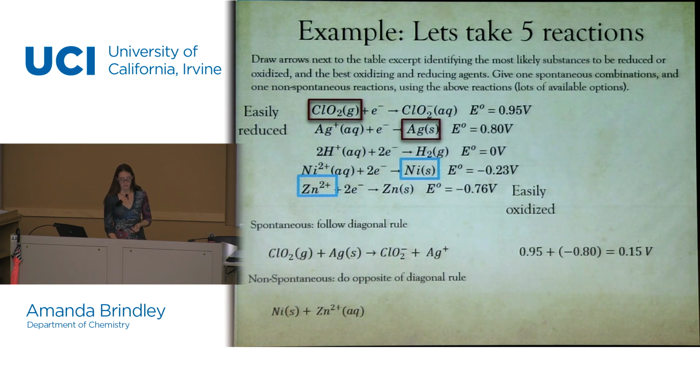So in this case, I'm going to pick the ClO2 and the silver as my spontaneous. So this makes my chlorite and my Ag. To figure out my cell voltage, I leave this one alone. I leave it at 0.95. And then either, depending on how you want to think about it, you subtract 0.8 or you add a negative 0.8. And either way, you get 0.15.